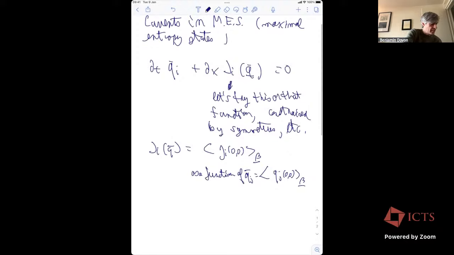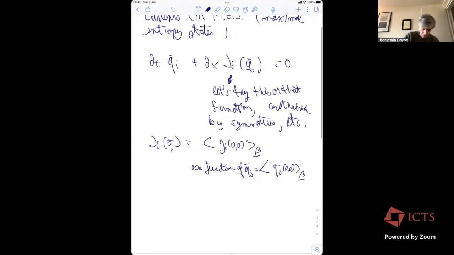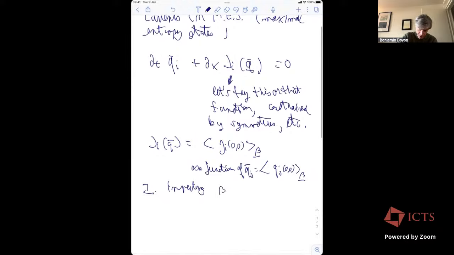So the first thing is as follows. This is something that I've kind of glossed over without really discussing it much. There's a function that maps the inverse temperatures to the conserved densities. It's just given by the average of these conserved densities in a state given these generalized inverse temperatures.